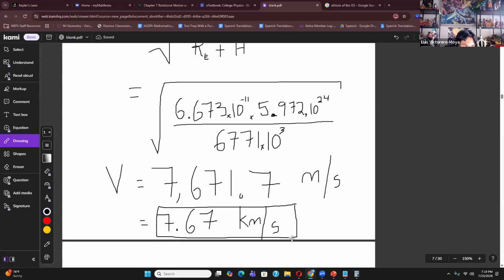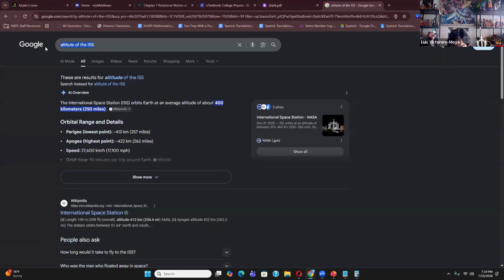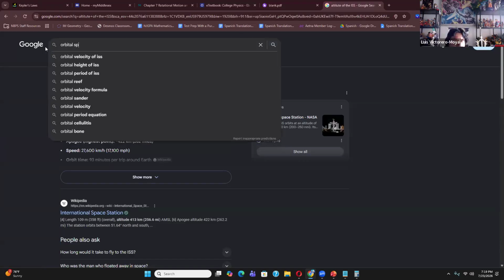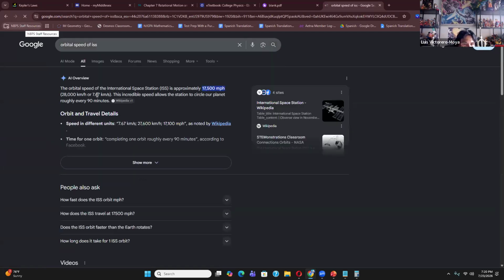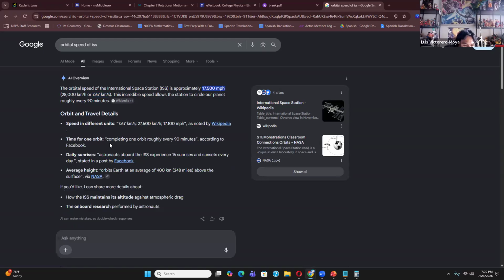Okay? There you are, 7.67 kilometers per second. I mean, it's all in the physics, right? I'm not making anything up. I'm just proving to you guys everything that we use in satellites or planetary motion in this case, because we can do the same for planets.